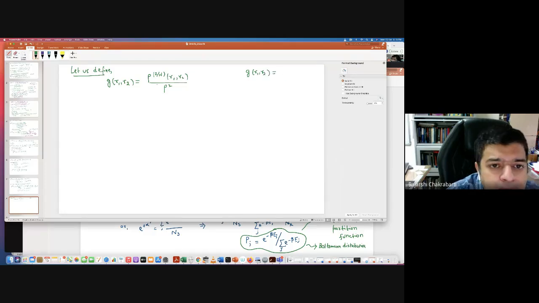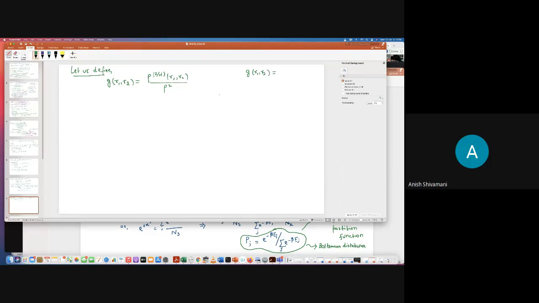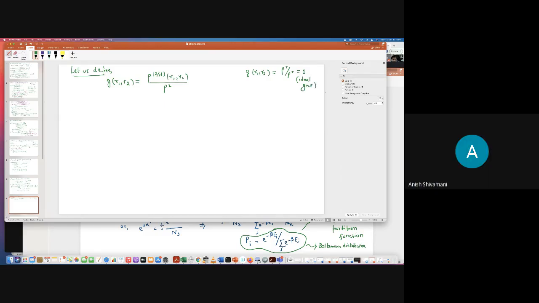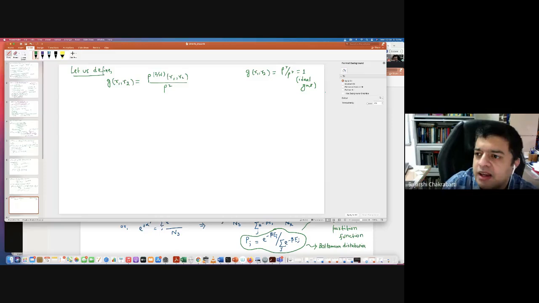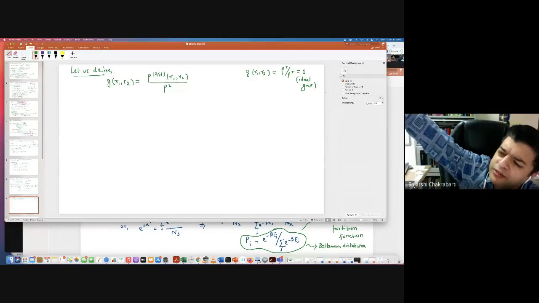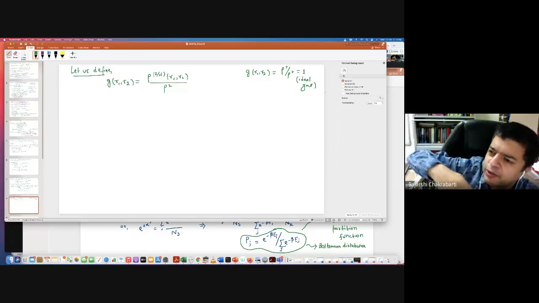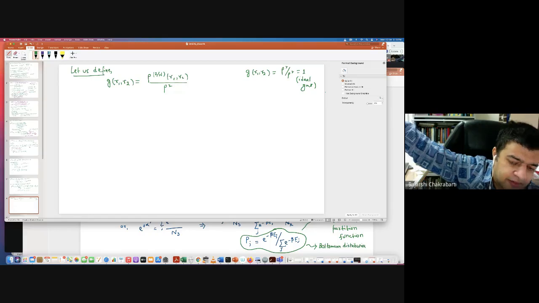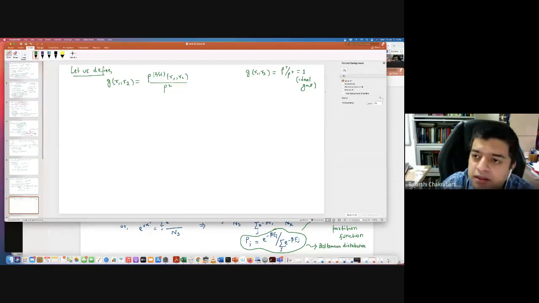Can anyone tell me? Unity. It will be rho square by rho square for ideal gas, no? Basically, if I go to a very large separation, I have a tagged particle and I go very, very far, that particle would not know this tagged particle, so they will not interact, no? In that case, I should get my ideal gas distribution, isn't it? It should be 1. Yes, sir.